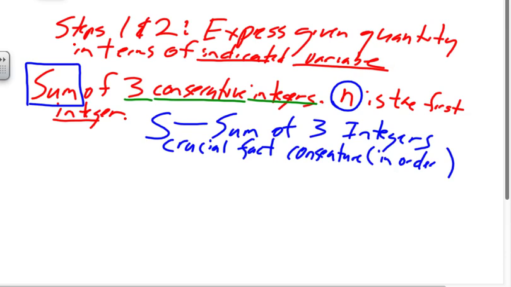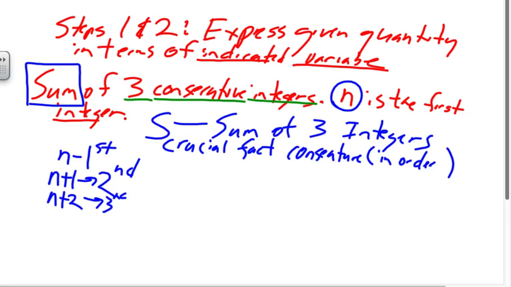Okay, so n is going to be my first. N plus 1, because it's consecutive, you just add 1 to it, you get the other one, is my second. And n plus 2 will be my third.